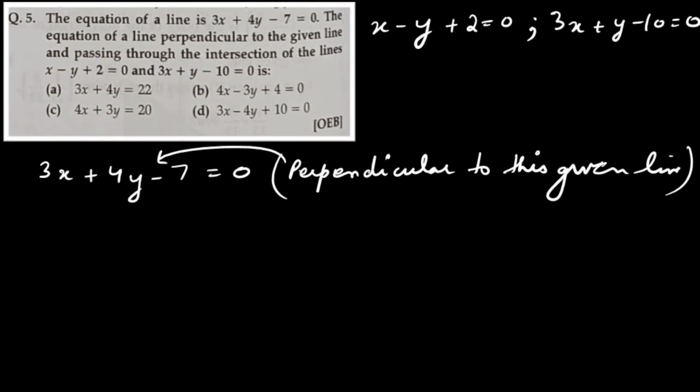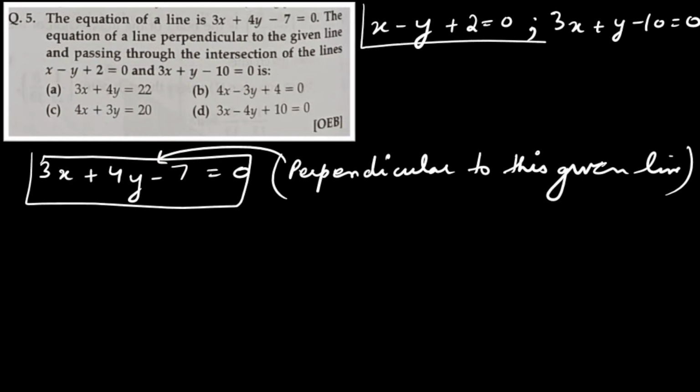So I'll just explain once again. We have to find the equation of that particular line which is perpendicular to this line, and it is passing through the point of intersection of these two lines.